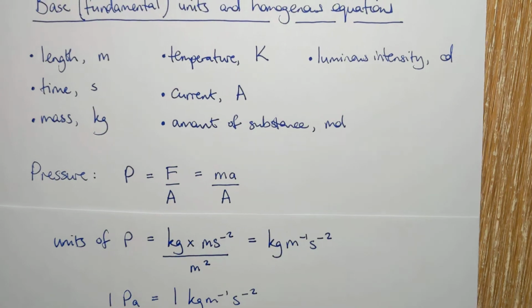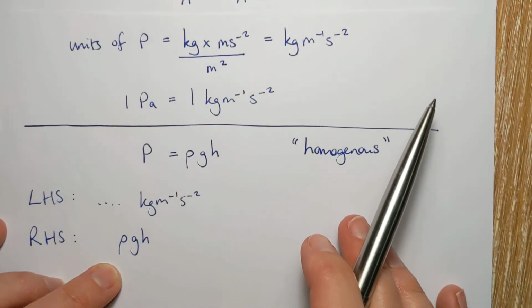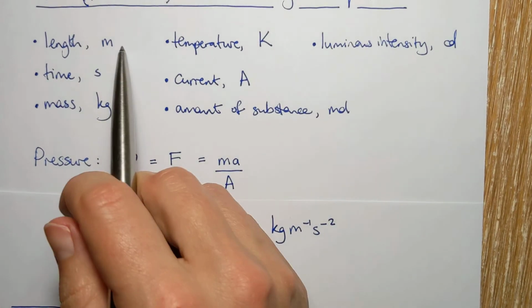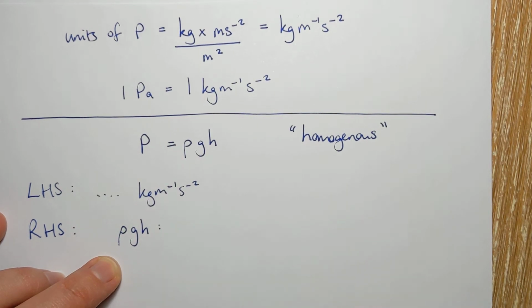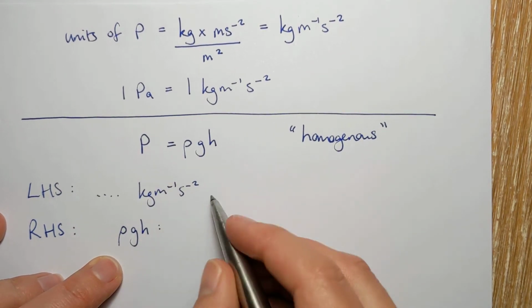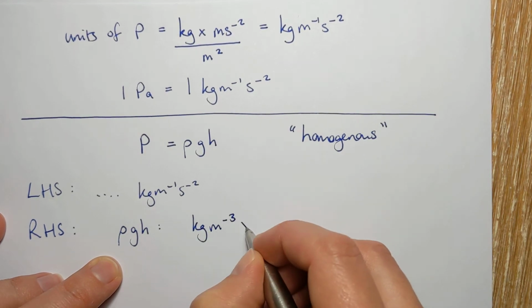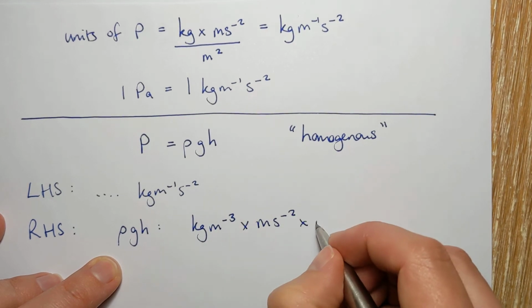So that's measured in metres per second squared, also fine. And lastly, height, which is measured in metres. So actually the right hand side is really nice and easy. We can put the units in straight away. Density was kilograms per metre cubed, gravity metres per second squared, and height metres.